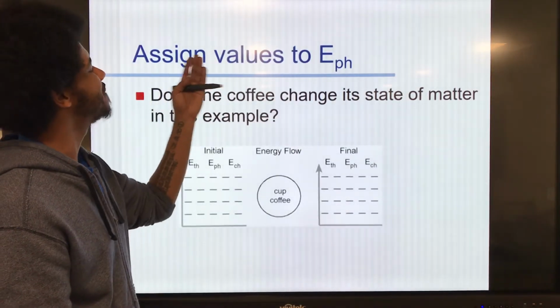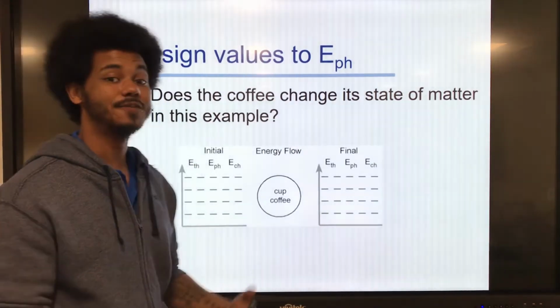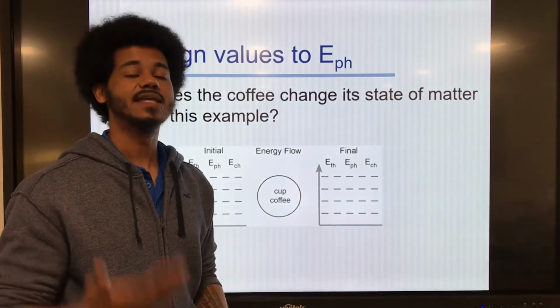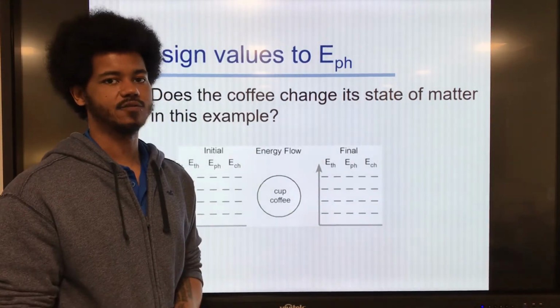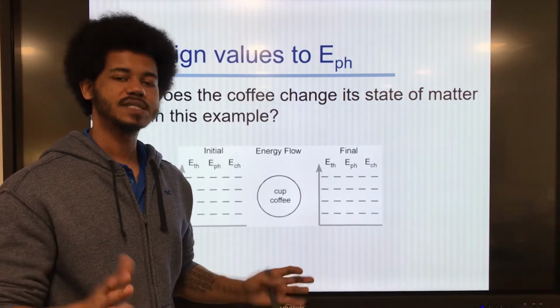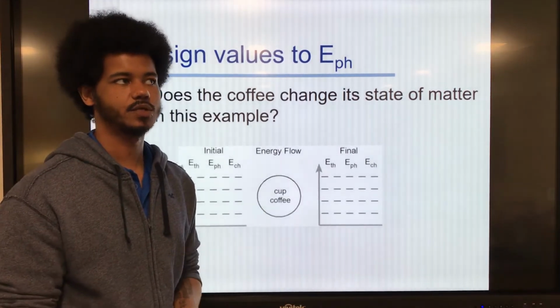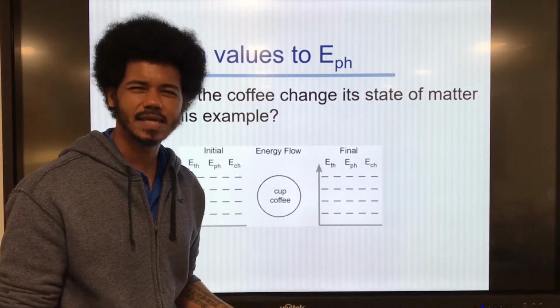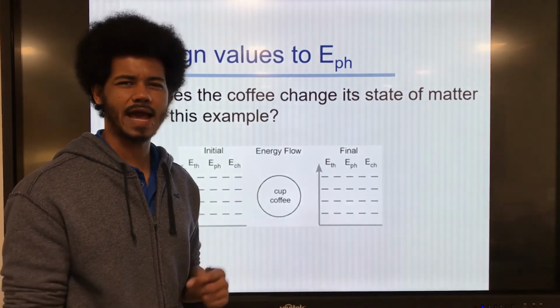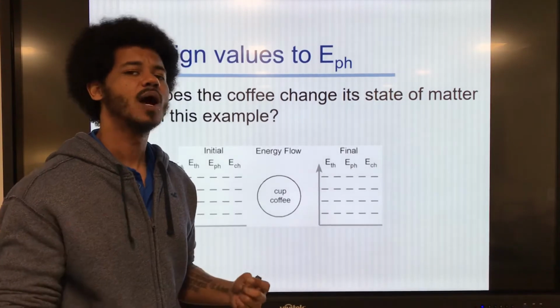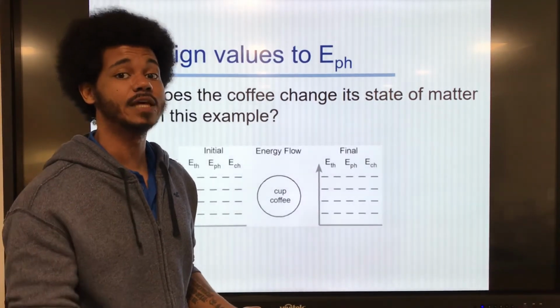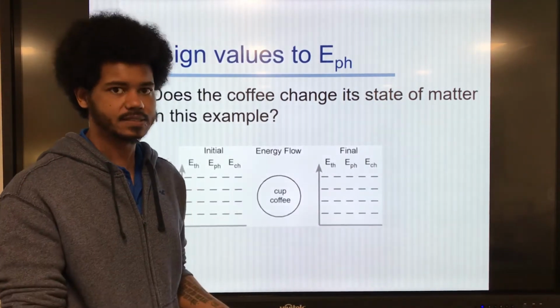The EPH values, the phase energy, is the energy related to our state of matter. So just ask yourself, if I have some coffee sitting on a table and it's cooling off, what is its state of matter before and after? You probably mentioned that the coffee is a liquid before and after, and that is the case.